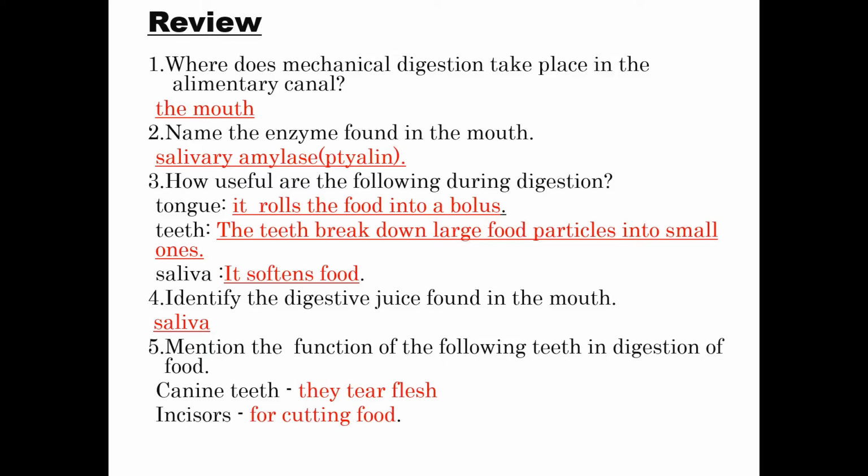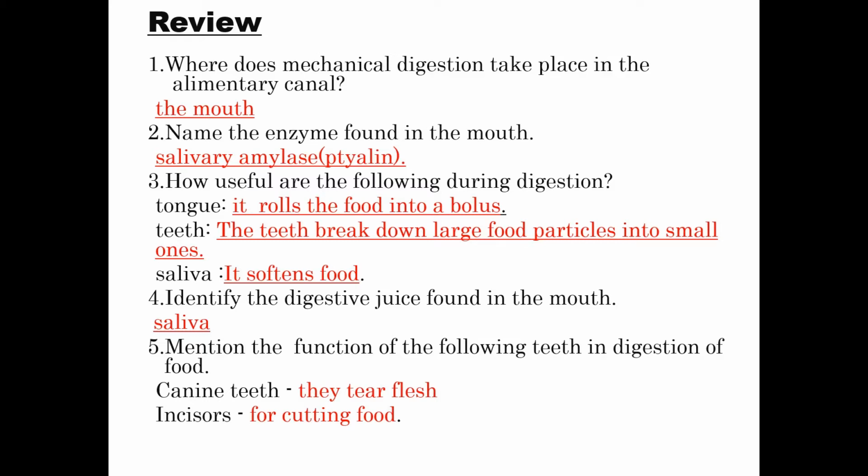The next one is the teeth. The teeth break down large food particles into smaller ones. Like you put a very big sweet potato in the mouth. Do you swallow the way it is? No, you can't swallow it the way it is, but the teeth break it into small particles that can be swallowed.